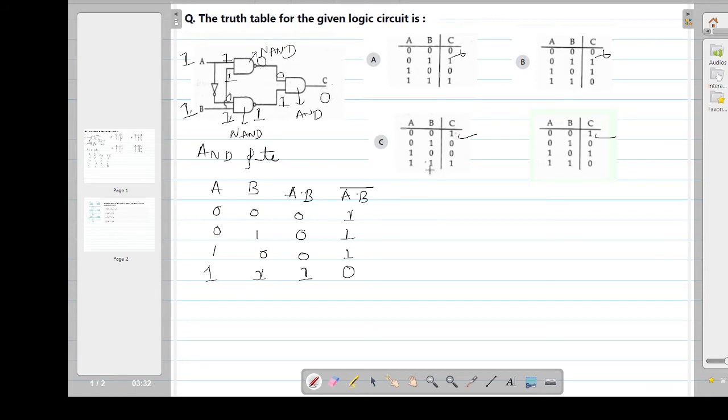Among these two, this option is wrong, since for 1 comma 1 we are getting a 0 output. So option D is the correct answer. This is method number 1, and method number 2 is very simple.